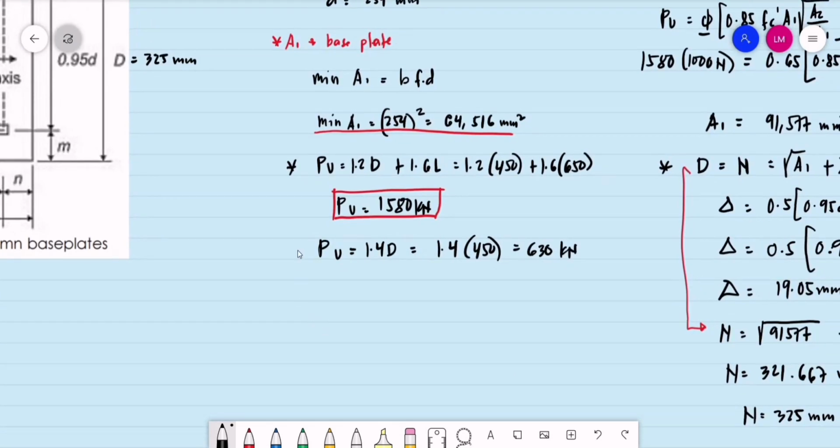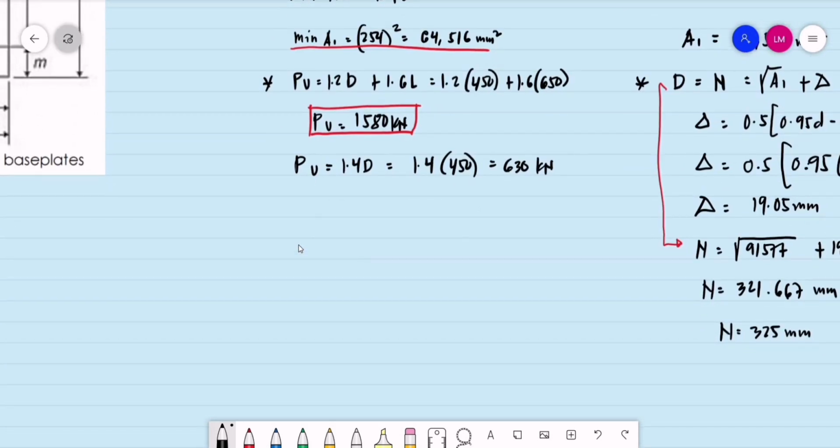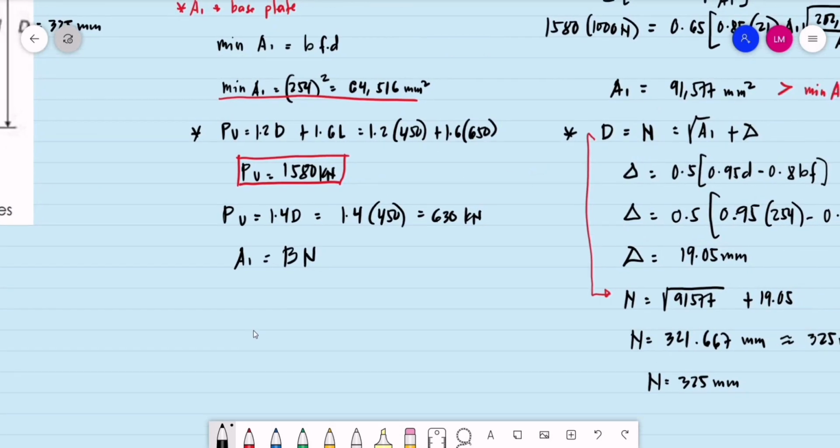So again, how do we compute area 1? Area 1 is basically equal to B times N. So area 1, 91,577, is equal to the value of B times 325 millimeters.